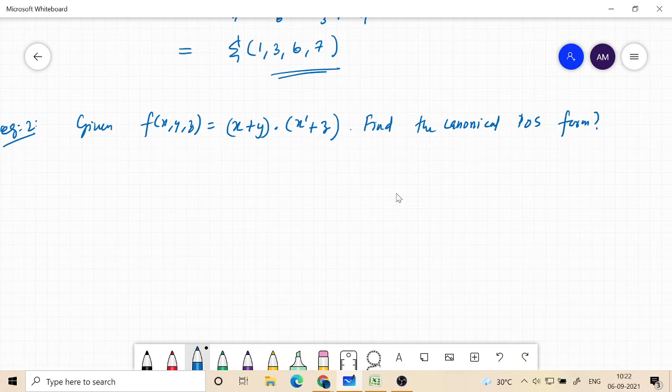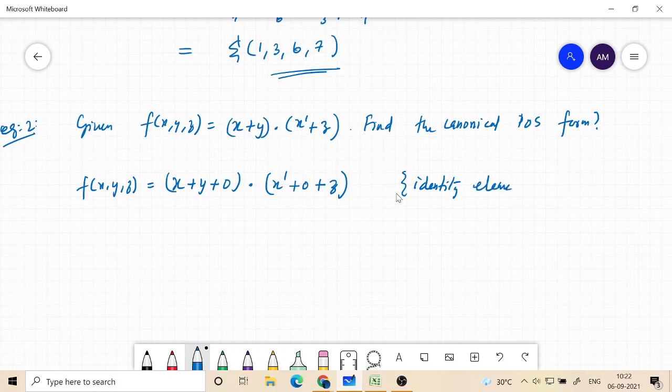So this is basically, you can write it as x plus y plus 0, dot, x dash plus 0 plus z. So I introduce 0, and this is basically the identity element of the plus operation, so I can add 0 in any term here.